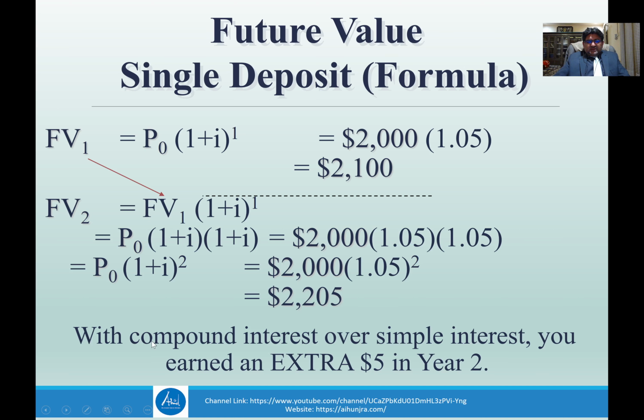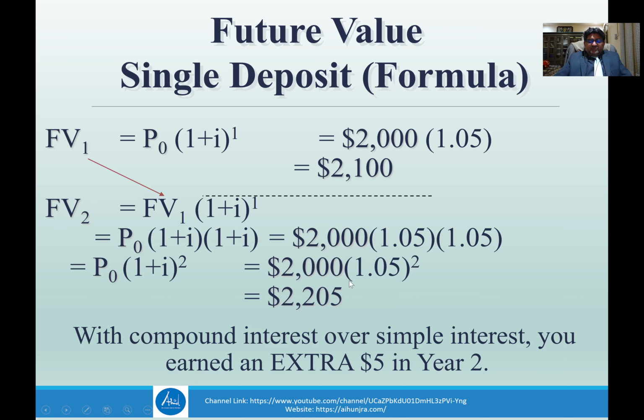With compounding interest over simple interest, you earned an extra $5. If we go for the simple, you get 2200 in 2 years. If the interest rate is 5% and the time period is 2, you will be getting $2200 if you use the simple interest rate.